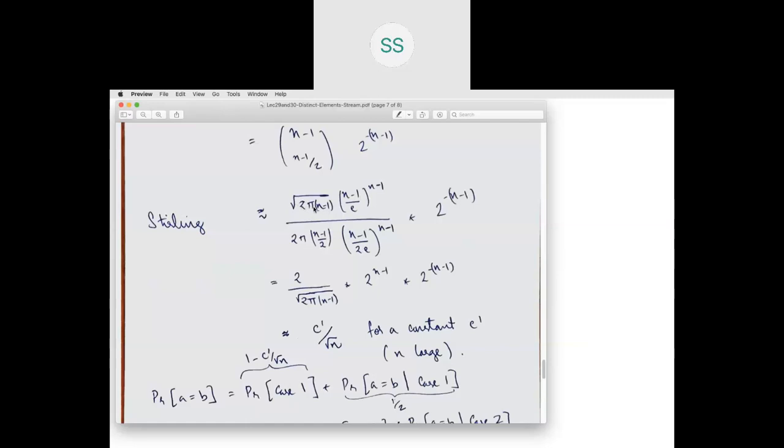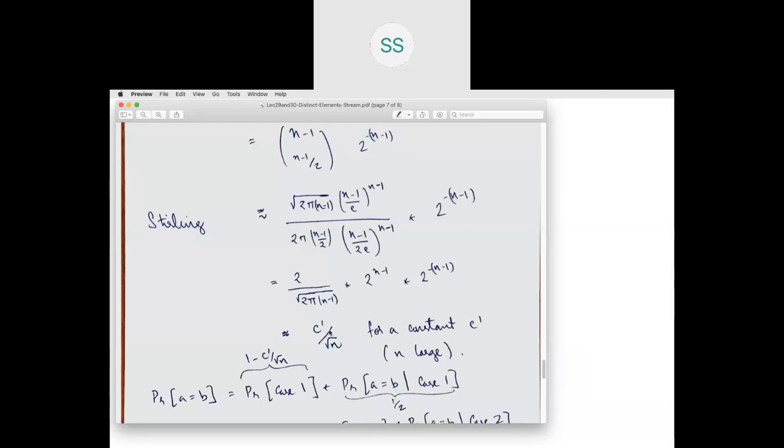So everything else results in such a big term in the numerator or denominator that this becomes insignificant, so we ignored it. In this case, everything nicely cancels out. Even the 2 power n minus 1, everything cancels out. So now I cannot choose to ignore the square root 2 pi n minus 1 because that is the only thing that remains. So we need to be careful about that.